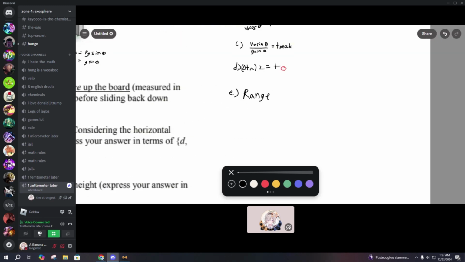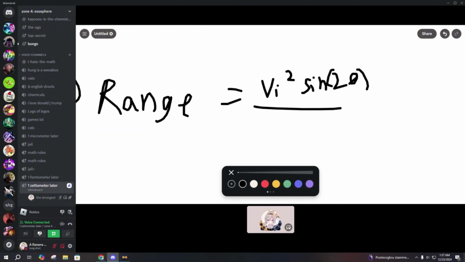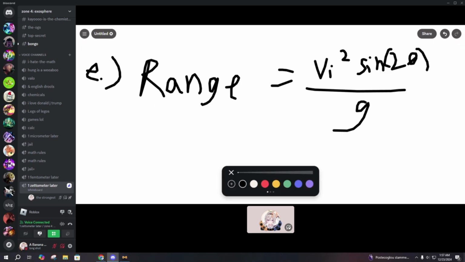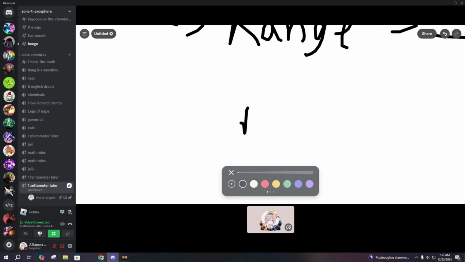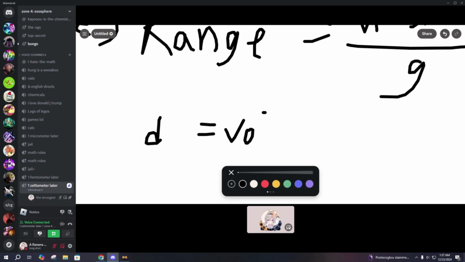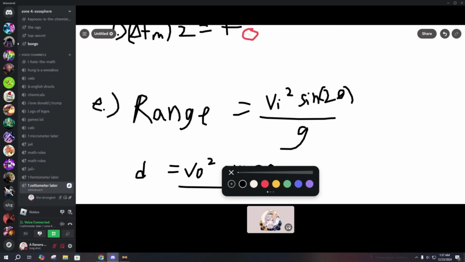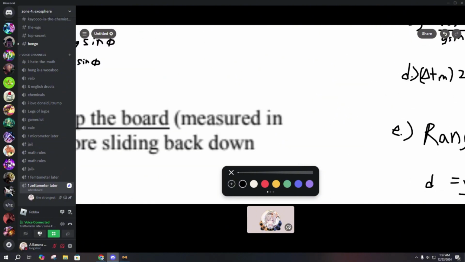So let's work with range, which is equal to first off V0 squared sine 2 theta over g. But if I manipulate that to match what I want, I get D is equal to V0 squared times sine 2 theta over g, but not g anymore. It's my acceleration, which is going to be g sine phi.